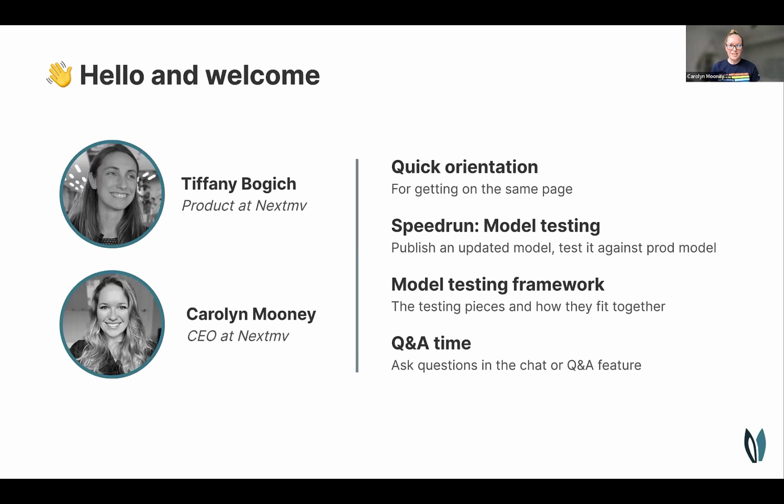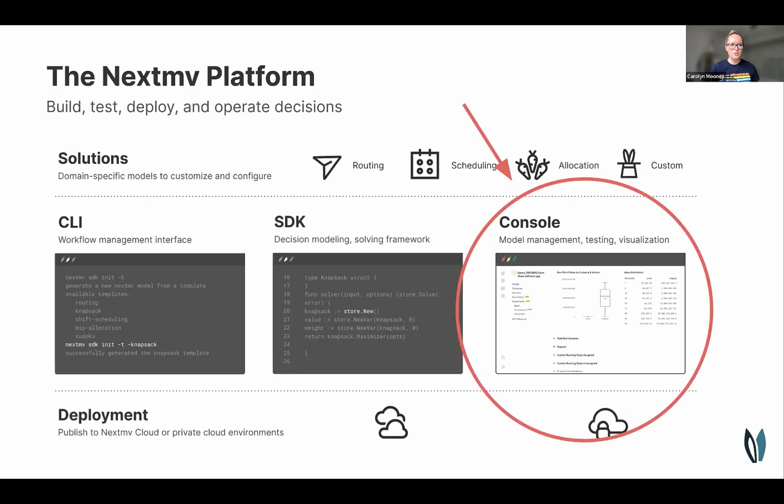All right. So let's dive in first to what is Nextmv Platform. We are a decision automation platform. So the way to think about that is we help companies build, test, deploy and operate different decision models. Those models might be doing things like routing for a distribution service or workforce scheduling for a retail company.